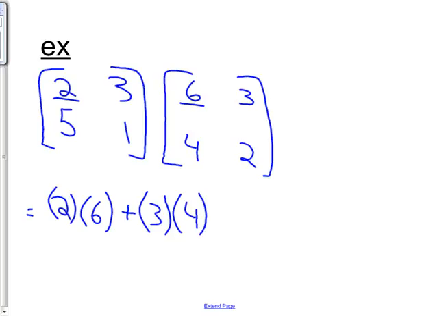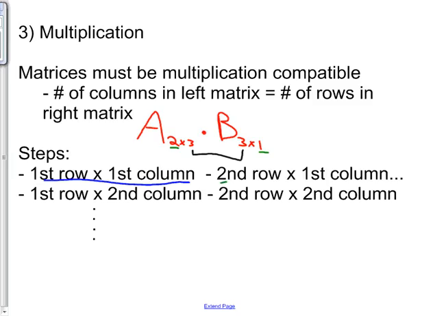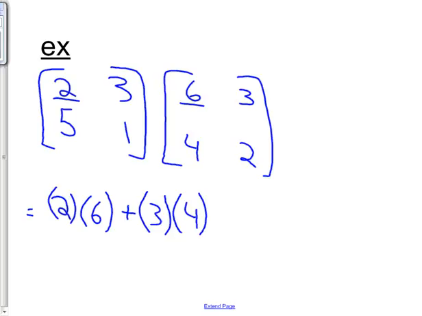So now when we do this entry over here, take this guy here, the second row and first column. Now we take the second row, the 5 and the 1, and multiply them by the first column, sorry. So we go 5 times 6.